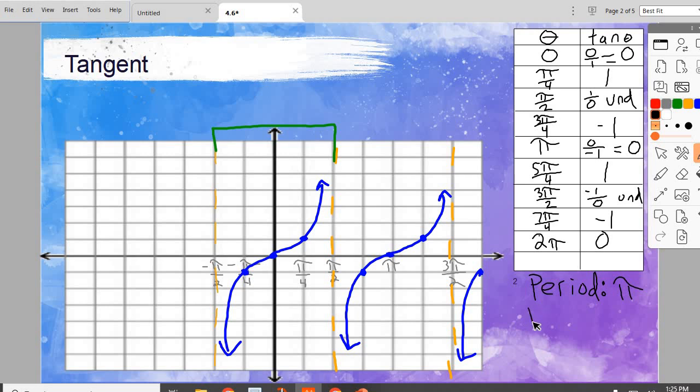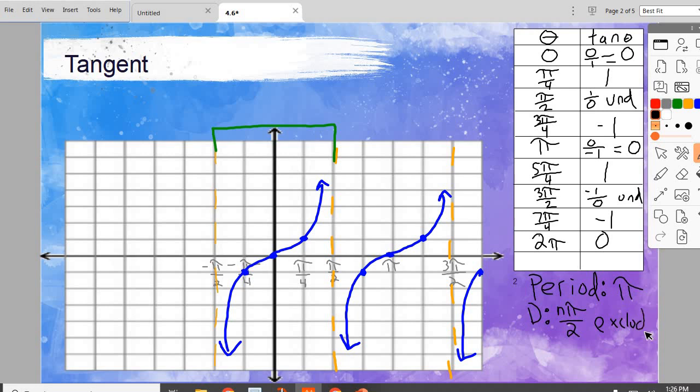Also notice that our domain, is it going to be all real numbers this time? No. We're not allowed to include basically odd multiples of pi over 2.